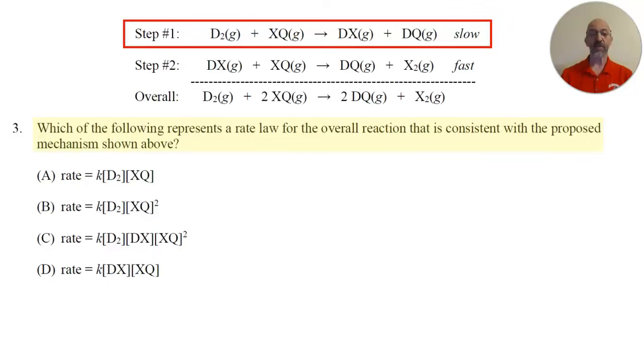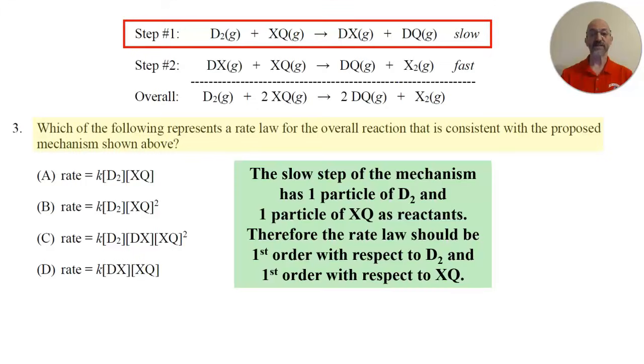And we are focusing on the molecularity, or the number of molecules or particles of the reactants that appear in the slow step. So the slow step of this mechanism has 1 particle of D2 and 1 particle of XQ as reactants. Therefore, the rate law should be first order with respect to D2 and first order with respect to XQ. So that makes choice A the correct rate law and the correct answer to question 3.